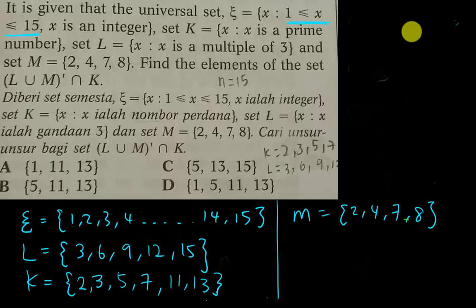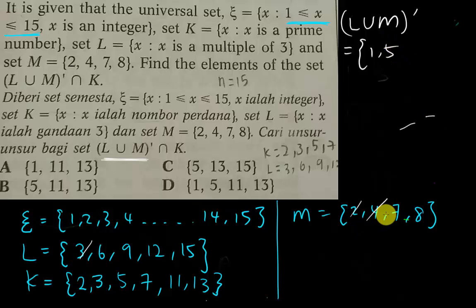If without the diagram, the first thing is you have to understand L union M complement means everything outside of L and M. And those outside of L and M are going to intersect with K. So first I will find everything outside L and M, which means everything that is not L and not M. So I will start from 1 to 15. 1, both of them do not have 1, so I have 1 here. 2 I have already. 3 I have already. 4 I have. 5 I don't have. 6 I have. 7 I have. 8 I have. 9 I have. 10 I don't have. 11 I don't have. 12 I have. 13 I don't have. 14 I don't have. 15 I have.